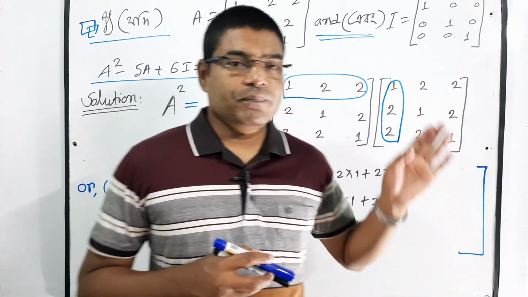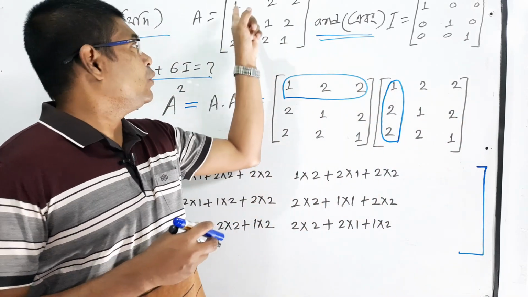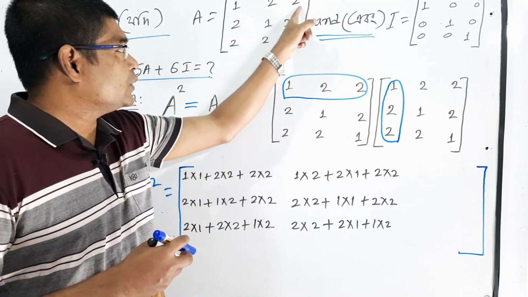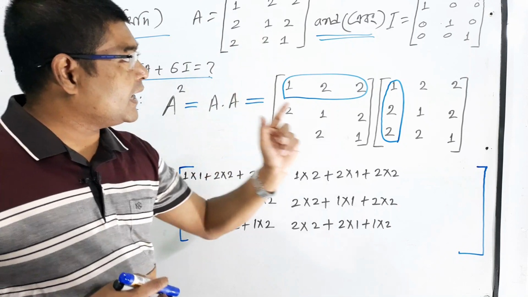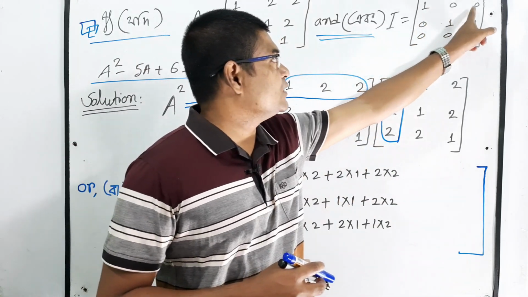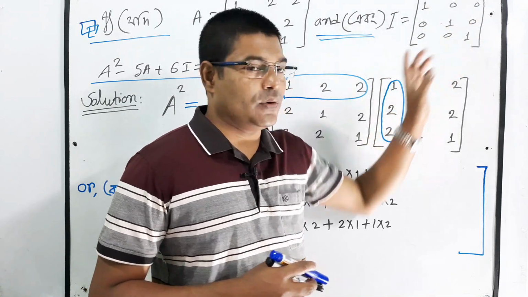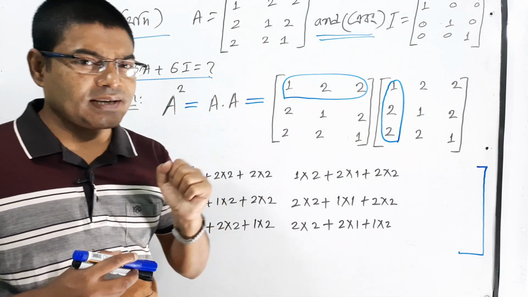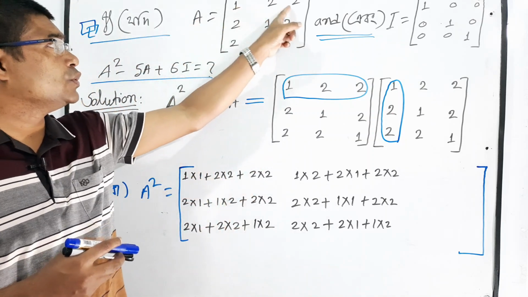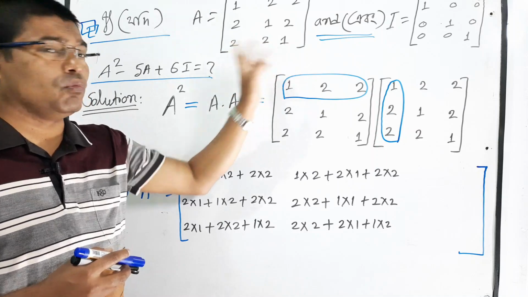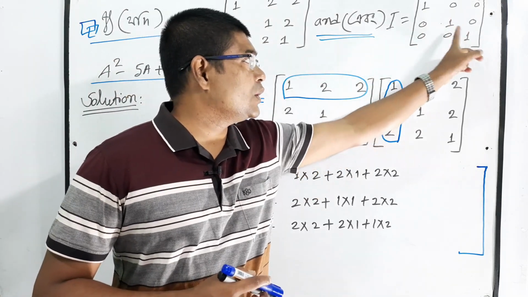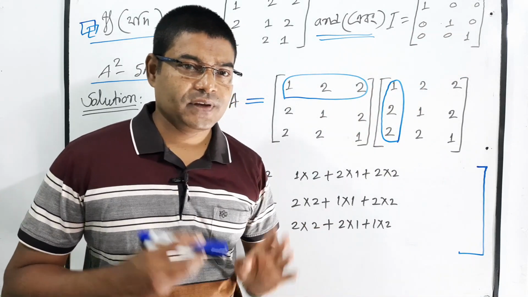So here A equals 1 2 2, 2 1 2 and 2 2 1, and I equals the identity matrix, 1 0 0, 0 1 0, 0 0 1. A is given as 1 2 2, 2 1 2, 2 2 1 and I is 1 0 0, 0 1 0, 0 0 1.